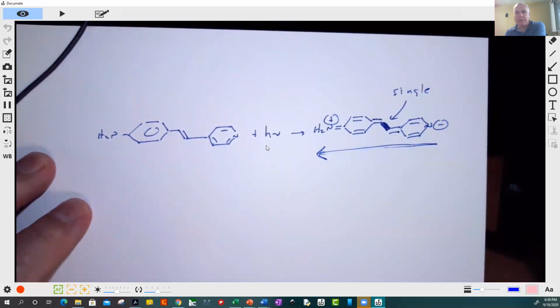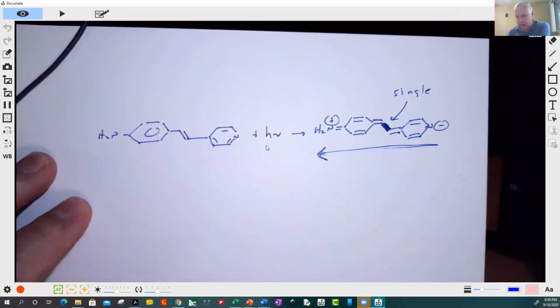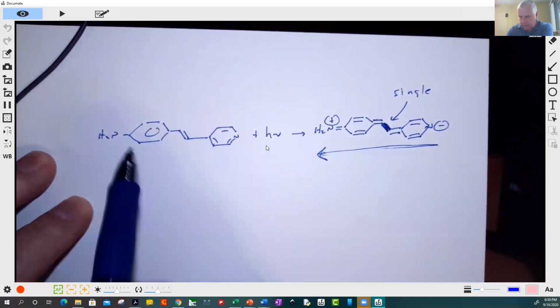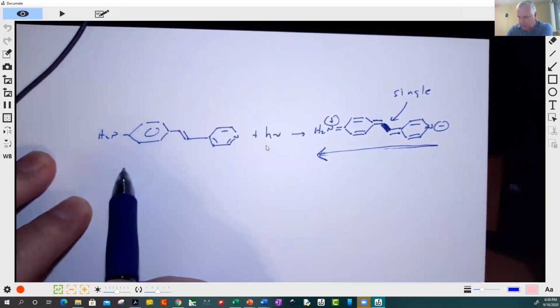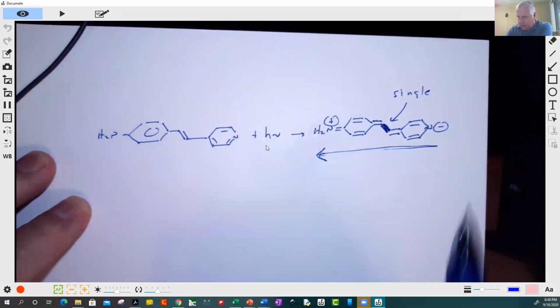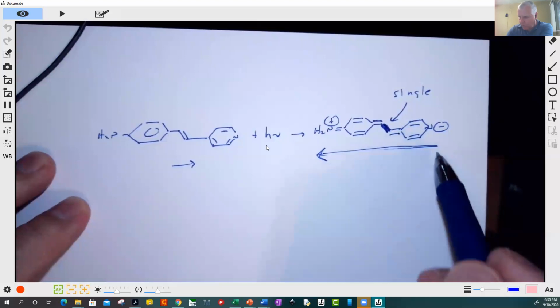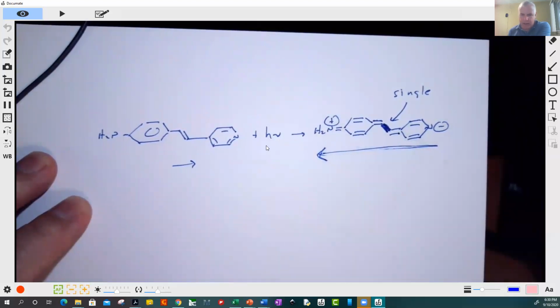I don't know what the dipole moment of the ground state is. It's probably small. Let's say it's small and pointing that way. And then when we're done, it's large and pointing to the left.